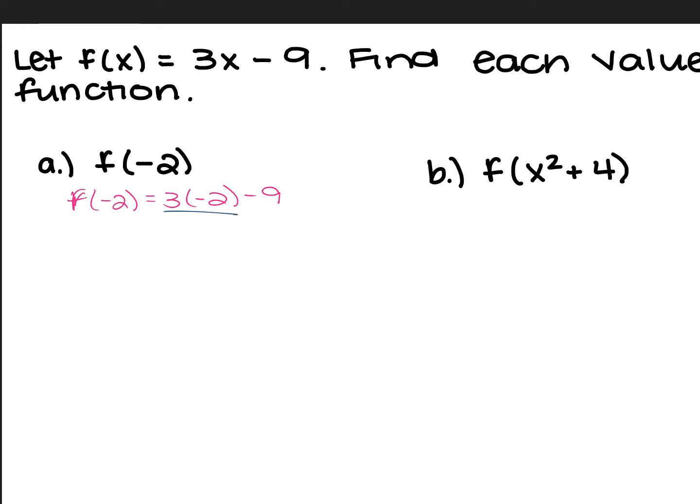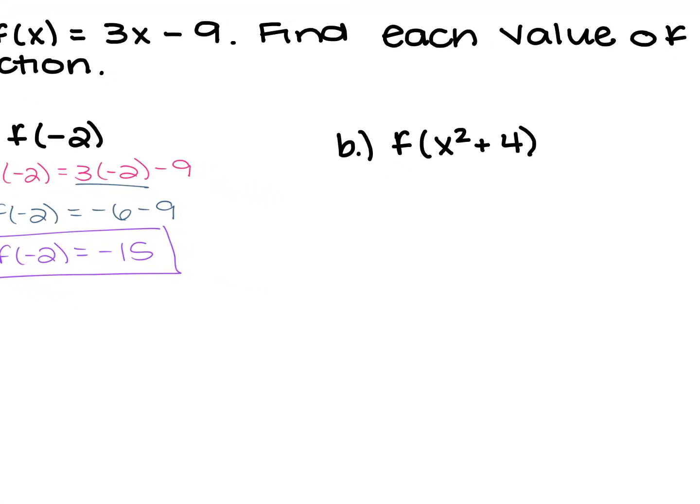Do your multiplication first. So that's f of negative 2 is equal to negative 6 minus 9. Negatives, keep the negative, then add the numbers. So that's f of negative 2 is equal to negative 15.